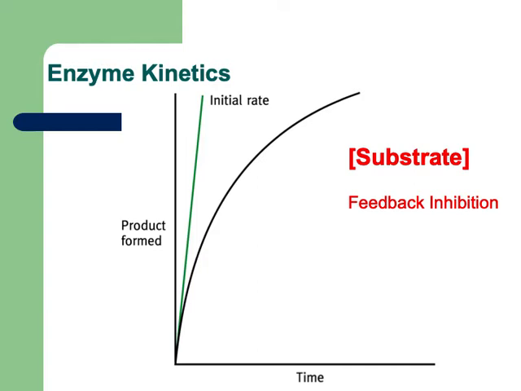This happens in the body as well, specifically around enzymes. Once there's a huge demand for the product to be formed, once we get that product, then we don't have to shuttle through this reaction as quickly. Once the supply and the demand are in line, then the amount of product formed will decrease.